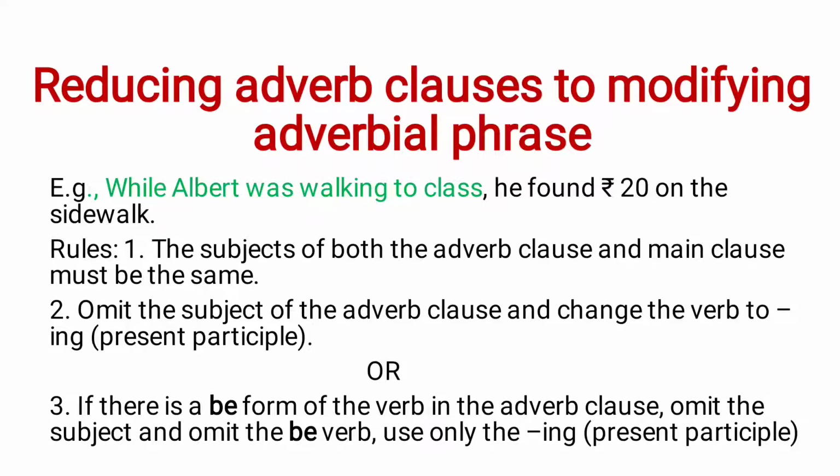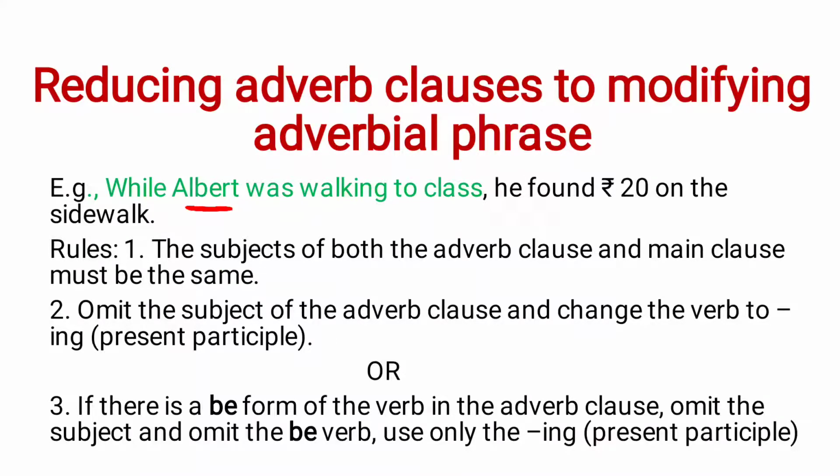So here we are talking about Albert and we replaced Albert with the pronoun he. So what are we going to do? We are going to use the same subject for both the clauses, the adverb clause and the main clause.